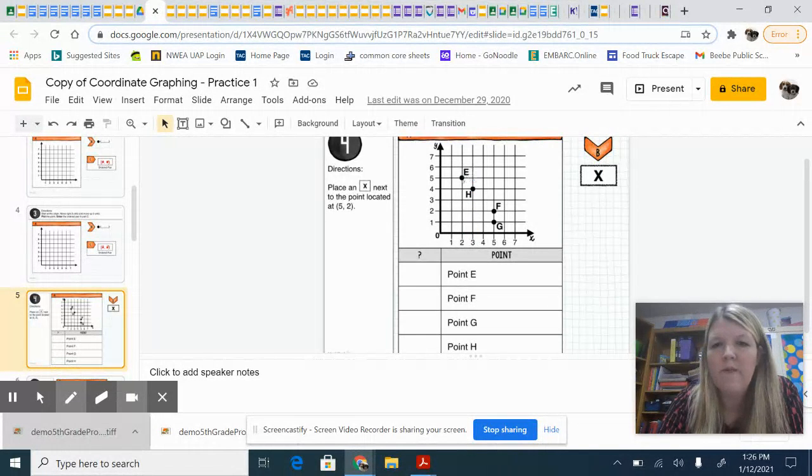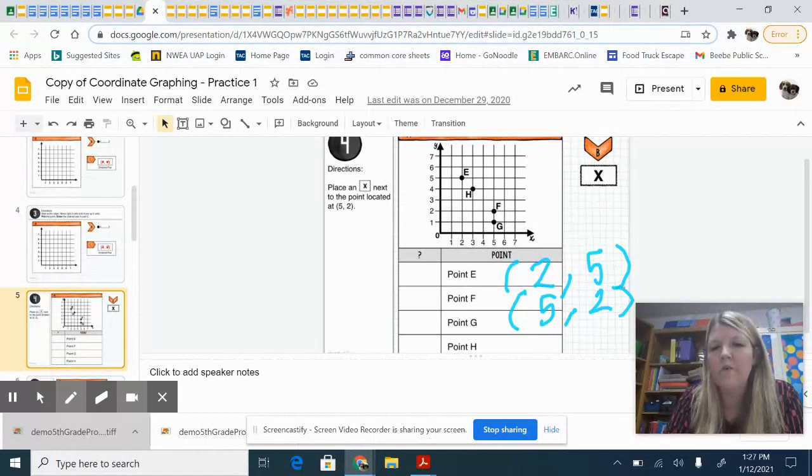So the way that I would write that would be, again, 2, comma 5. So over and then up. So F, you can see we would go over 5, and then we go up 2. So this one is going to be 5, comma 2.